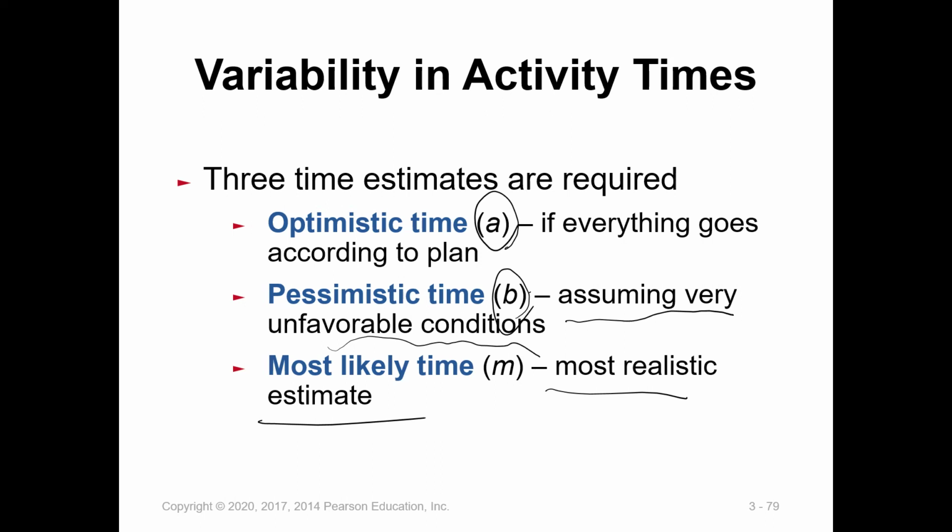Then the pessimistic time, assuming very unfavorable conditions. So the activity will be late. It will take more time. Most likely time, where we use M, is a more realistic estimate.